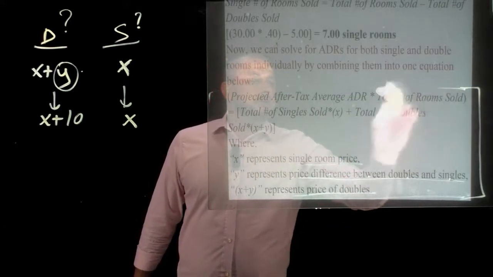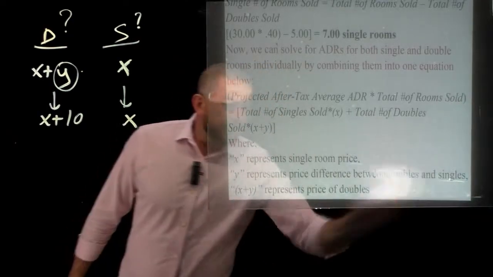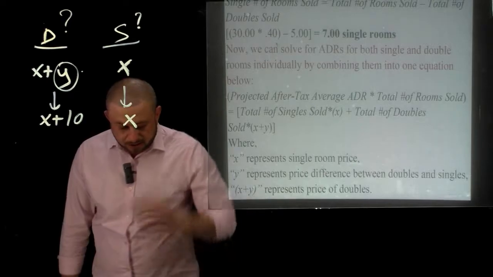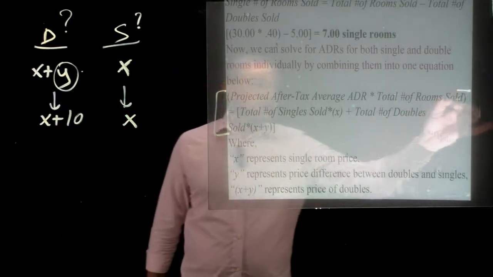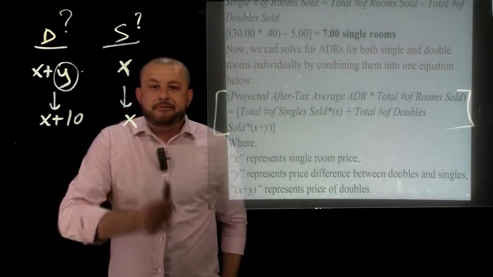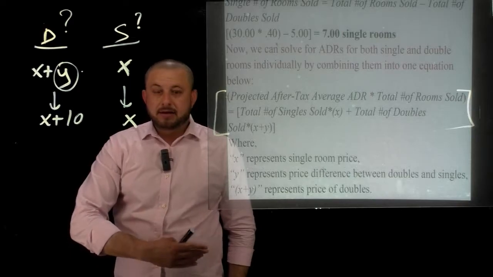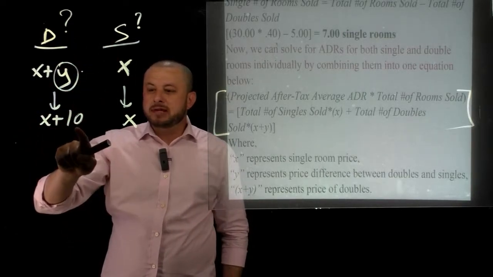One more thing I would like to tell you. This equation is only useful for, hang on, because this is very important. This equation, which is this guy right here, guys, okay, is only good for if and when the price difference between doubles and singles is based on a dollar value.